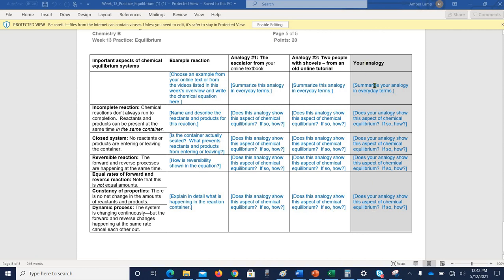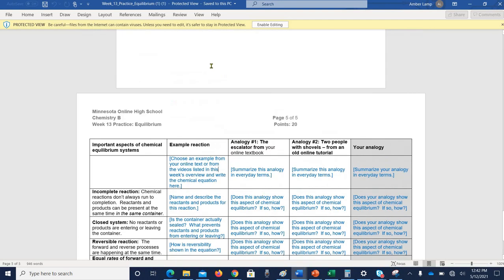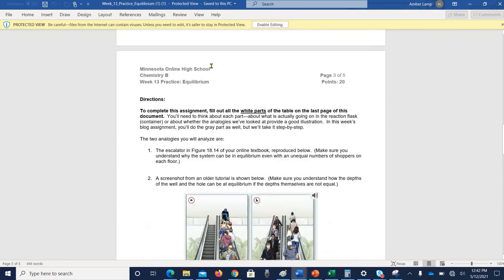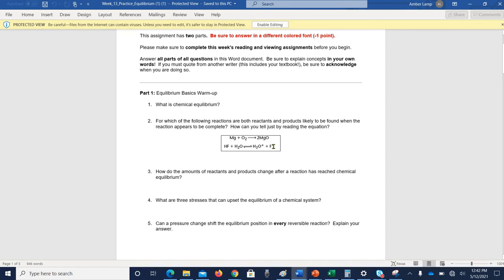Your gray analogy is for the discussion piece, so you don't have to do this for the practice problem, but you do want to do these 3 columns here. Now, an example reaction, you could use the one given right here, but it's entirely up to you, okay?